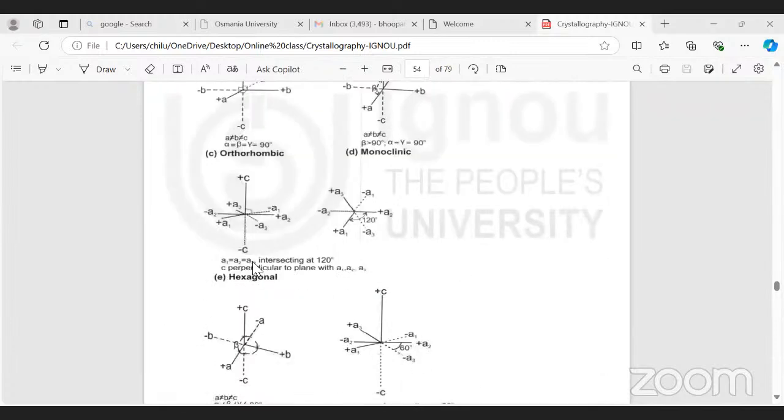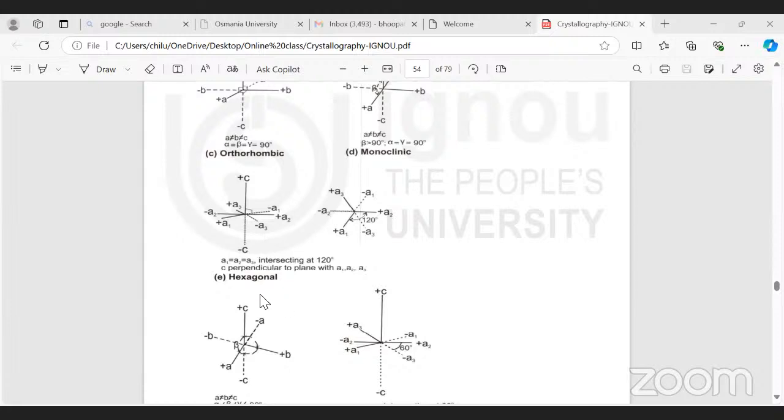You see here, the horizontal axes A1, A2, and A3 have equal length, except the vertical one. The C axis is indicated here, it is vertical, but it is not equal to the length of the others.